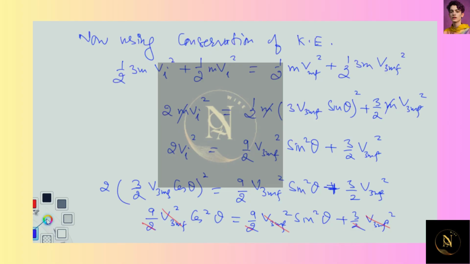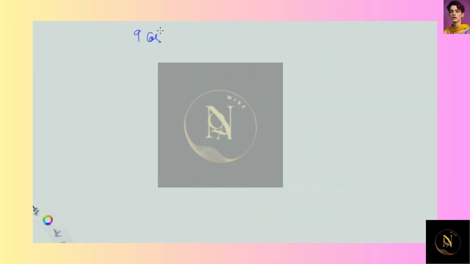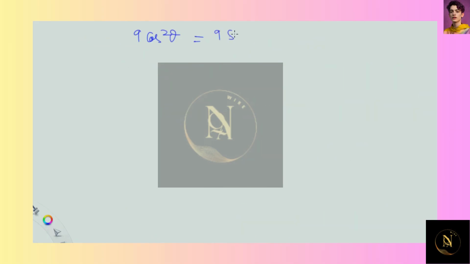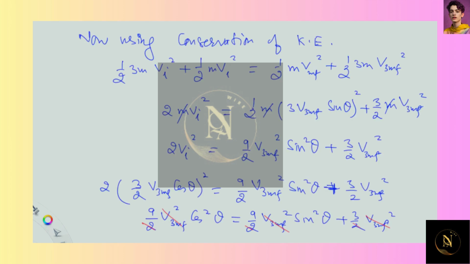So finally it becomes 9 cos square theta on the left hand side is equal to 9 sine square theta on the right hand side plus 3.